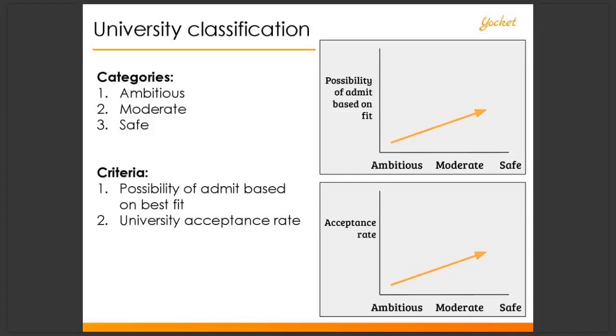Naturally, the two most important factors that you take into consideration are, one, as I said, the best fit. You should be the key that opens this lock. The best fit key will open this lock of getting into the university. So this fit means whether your profile fits the university's requirement, and whether you can justify that the university you've chosen fits your requirements.